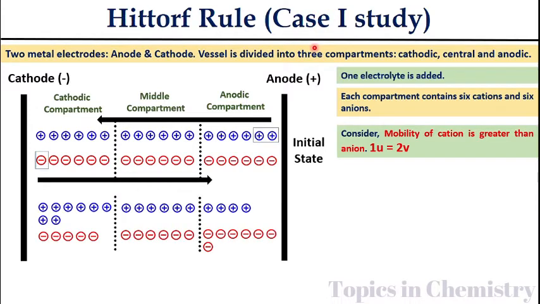In the final state, as these two cations move from this side to this side, the total number of cations here is 6 plus 2, 8.